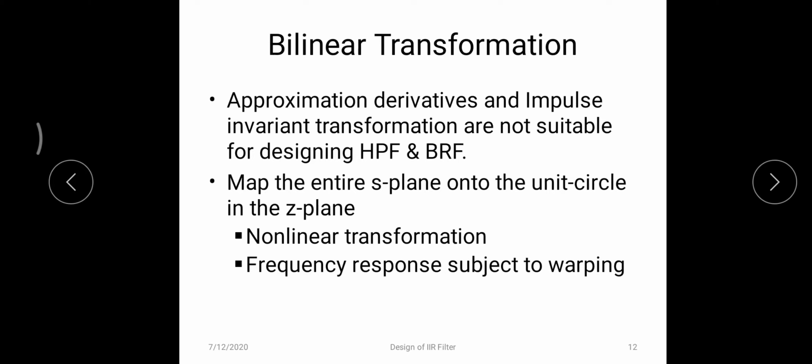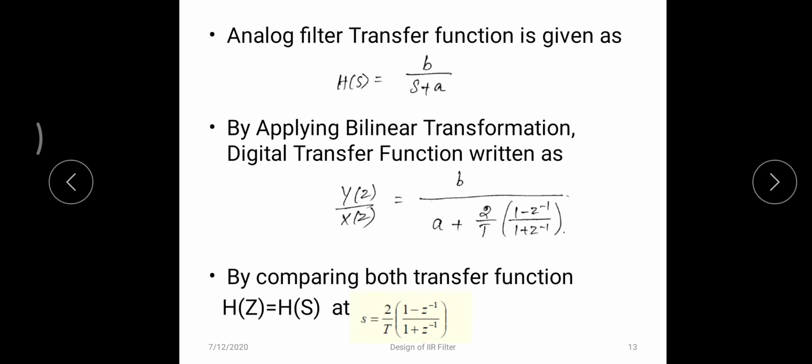And this is not a linear transform, it is a non-linear transform. Now we will see how it is non-linear in the upcoming slides. And another major drawback in the bilinear is the frequency warping effect. That will be eliminated by doing the process of pre-warping. So that will be discussed in the upcoming slides.